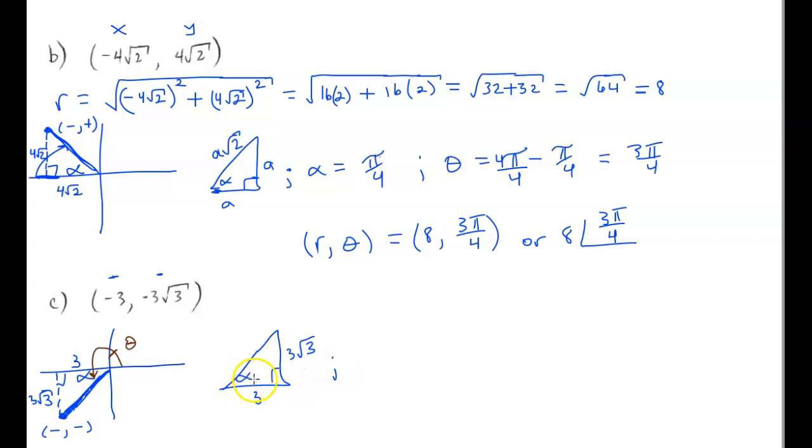In this case, since alpha is across from, or opposite of, the second largest side, we know that this is just going to be pi over 3 this time. If our alpha was across from 3, like if alpha was up here and we looked across there, then alpha would be pi over 6. But since it's across from the second largest side, it will be pi over 3.